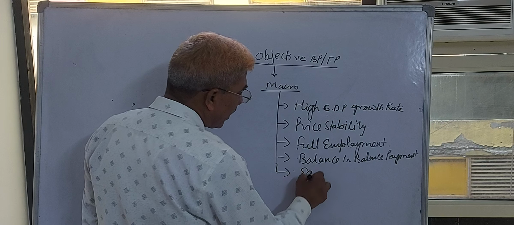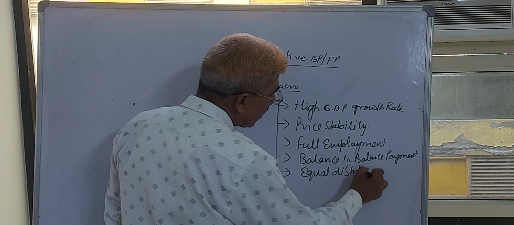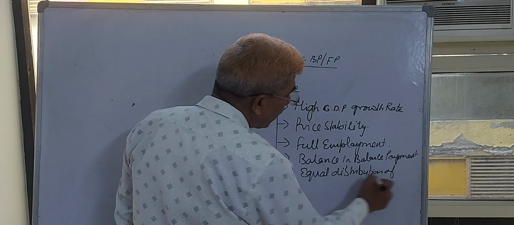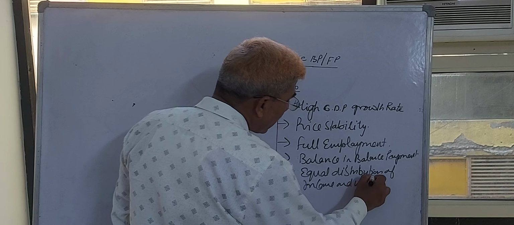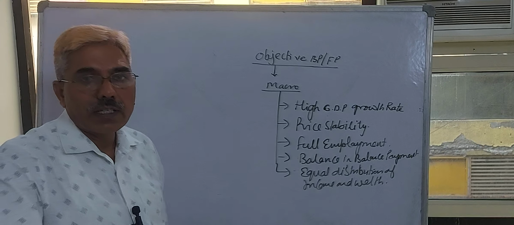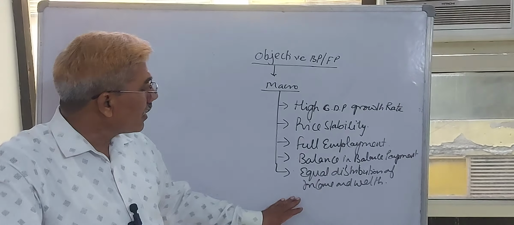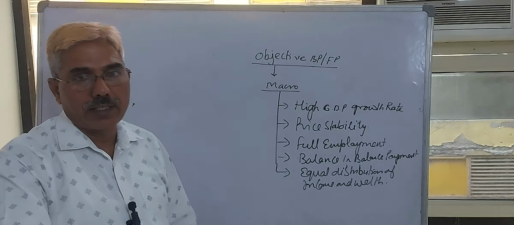And the fifth one is equal distribution of income and wealth. This is the objective of our fiscal or budget policy.